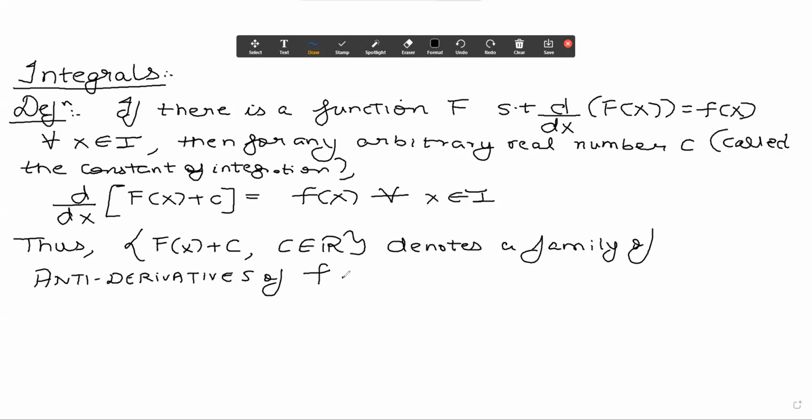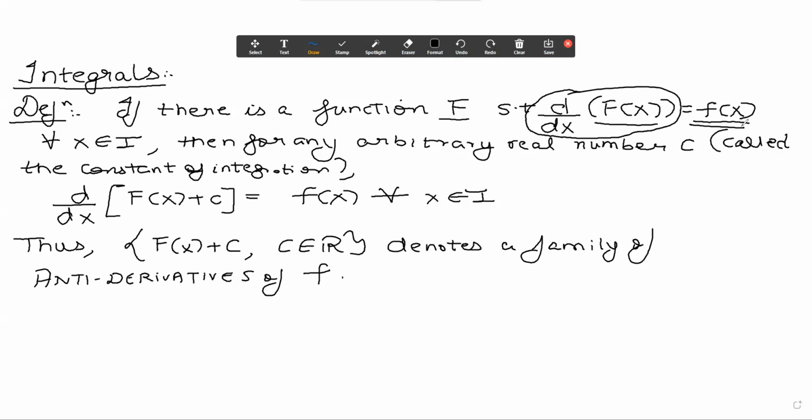So let us discuss this. Suppose there is a function capital F such that if you differentiate the function capital F, you get small f of x. You are differentiating the function capital F of x with respect to x and you get small f of x.